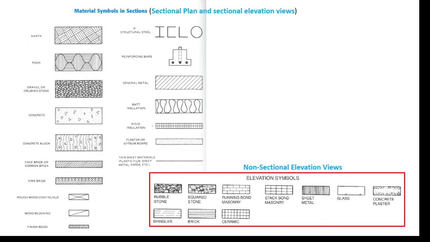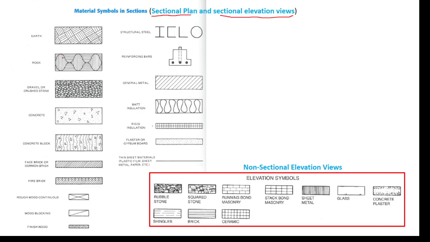Okay, if on the view the part corresponds to the earth, then on the sectional view this hatching style is used. No matter whether the view is plan view or sectional elevation view, the same hatching style is used.